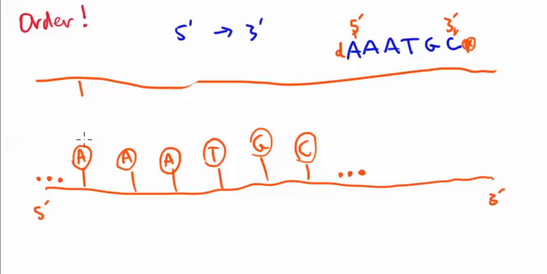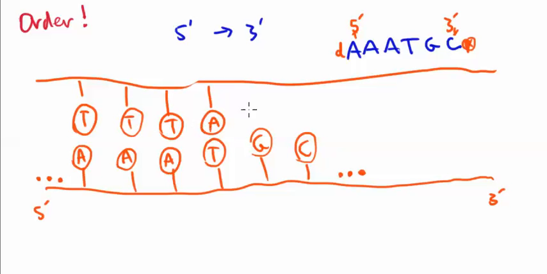So here the A pairs up with the T, an A pairs up with the T, an A pairs up with the T, the T pairs up with the A, G pairs up with a C, and the C pairs up with the G. So this is my complementary strand.